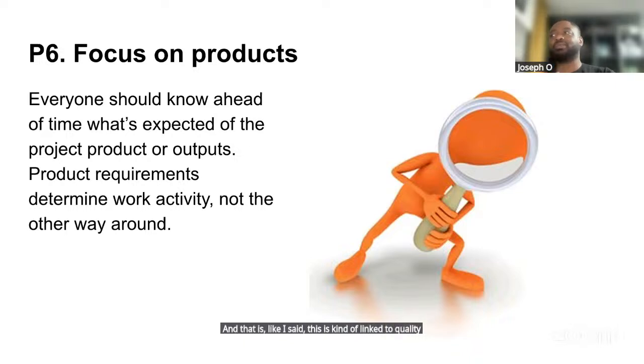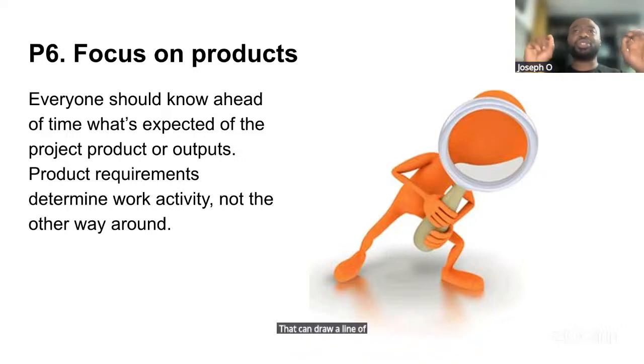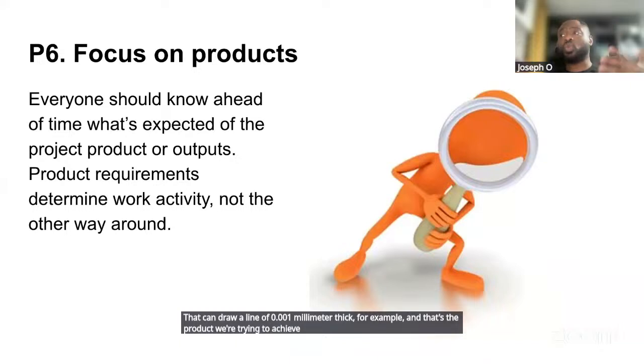If, for example, you need to create a new pen that can draw a line 0.001 millimeter thick, and that's the product we're trying to achieve, the work might then mean that we need to go and get specialized equipment.